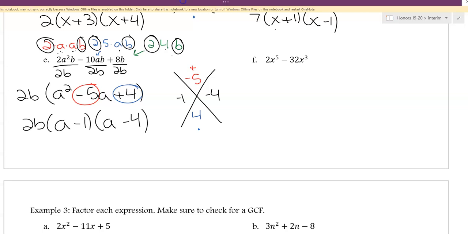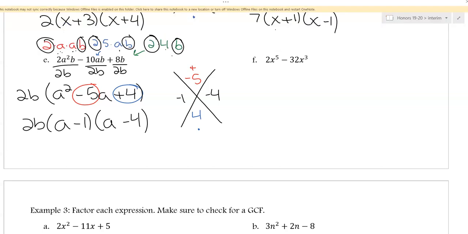Same idea for part F, right? This is 2 times 5 x's. That's what x to the 5th means. And 32 is 2 times 16 times 3 x's.